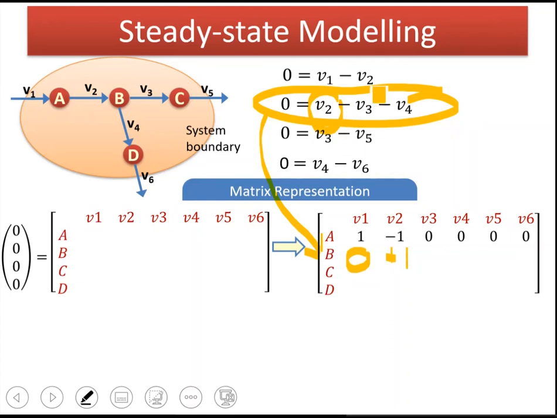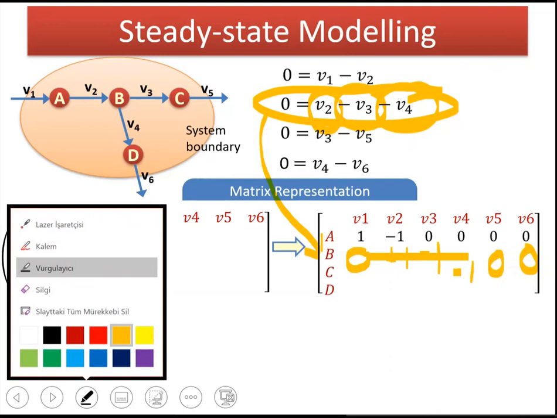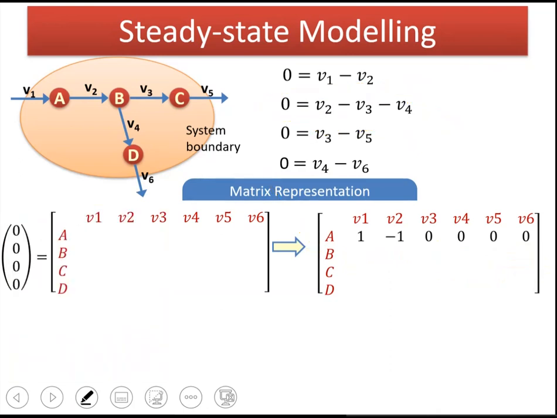We have V3 in our equation, so I will write -1 here. We have V4 in our equation, I will write -1 here, sorry. And we don't have any V5, we don't have any V6. So that's how I write second equation in my matrix.